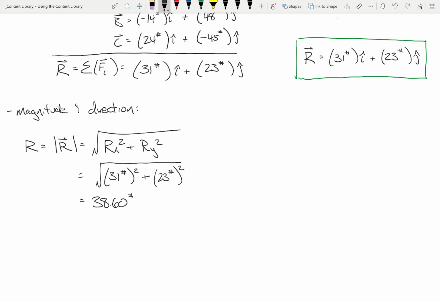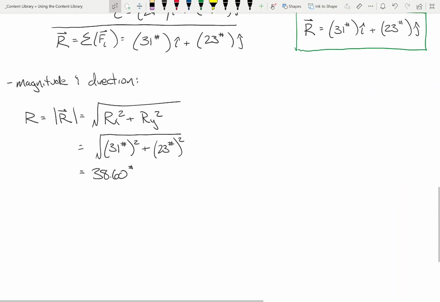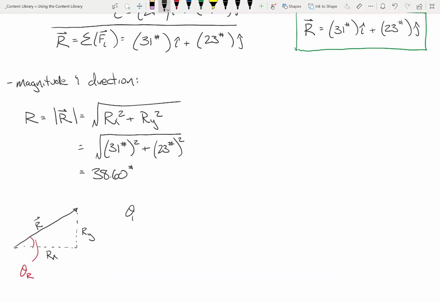What about the orientation? How do you think we could find the orientation? First off, what quadrant is this vector in? Is it 1? 1, yeah, because it's positive x, positive y. So if I wanted to find this right here, maybe the orientation of the resultant, how would I do that?